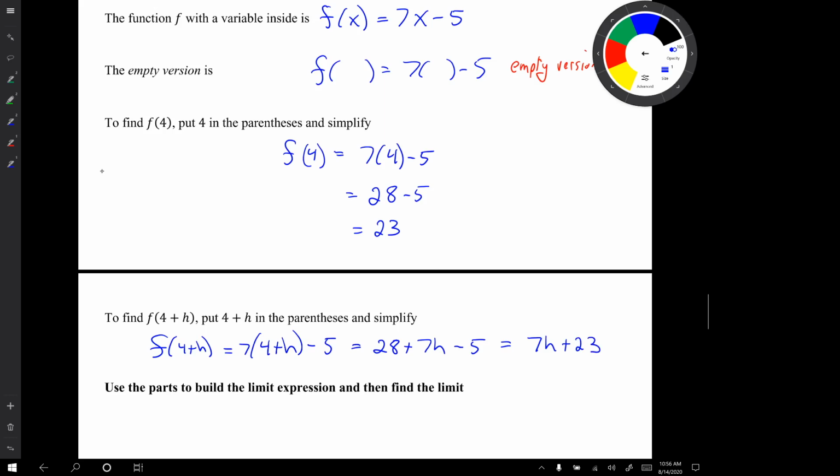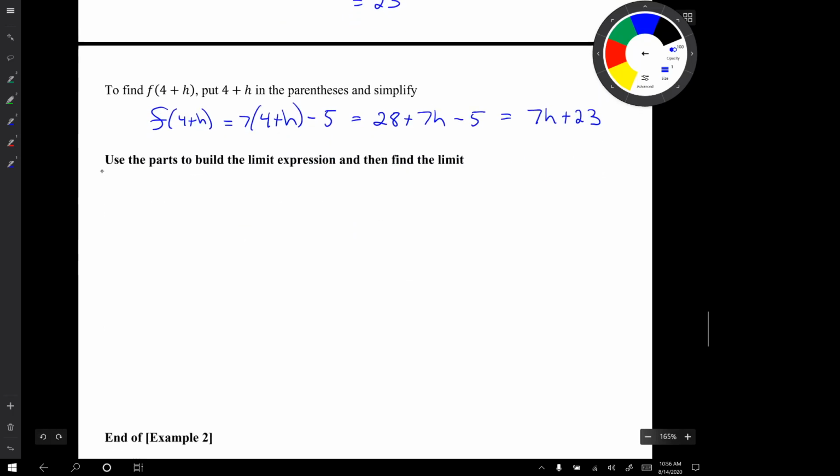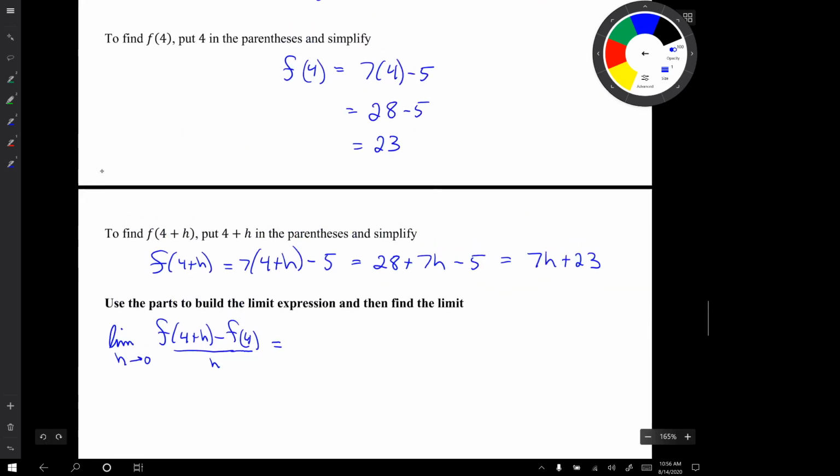Now we use the parts that we just obtained to build the limit expression and find the limit. Remember that I start by writing down the limit that we're being asked to find. And then I write down the limit symbol again, and I replace the terms in the expression with the expressions that we just found for those.